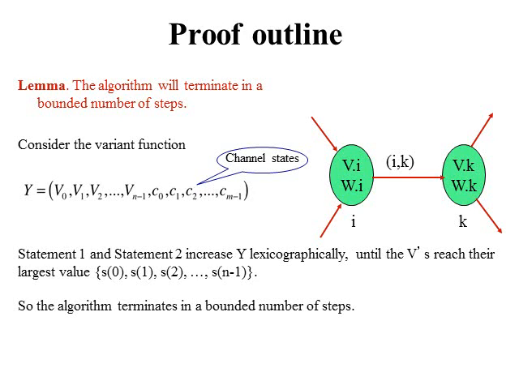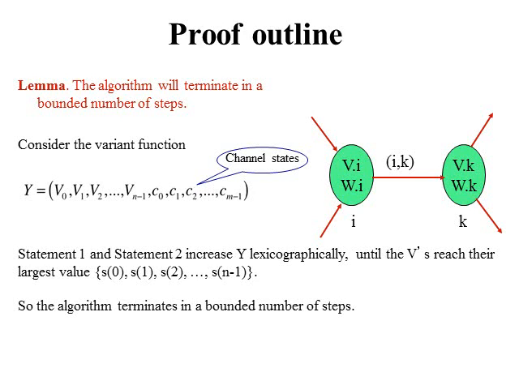Initially, like we looked at in the algorithm, each of the sets V0, V1, V2, and so on till Vn minus 1 is only going to contain its local state. So V0 will contain the state S0, V1 will contain the state S1, V2 will contain the state S2, and so on till Vn minus 1 is going to contain the state Sn minus 1. And nothing has been sent on the channels yet, so each of the channel states is going to be empty.